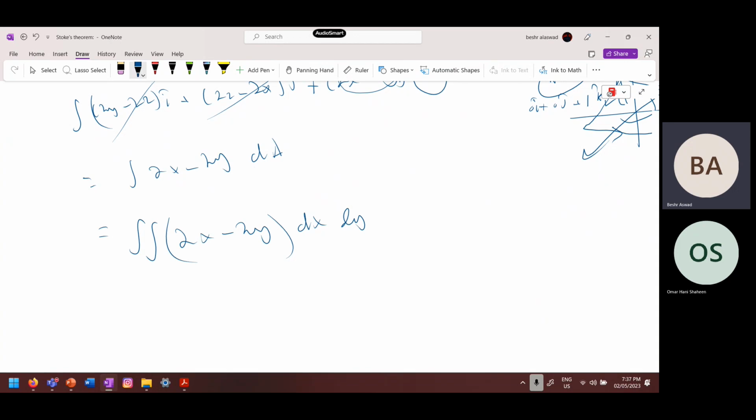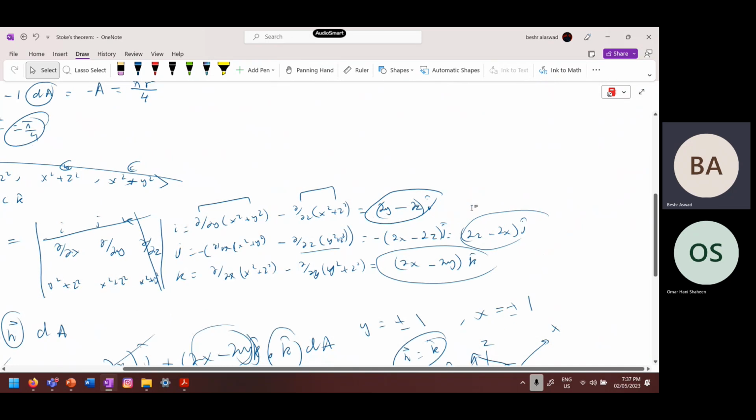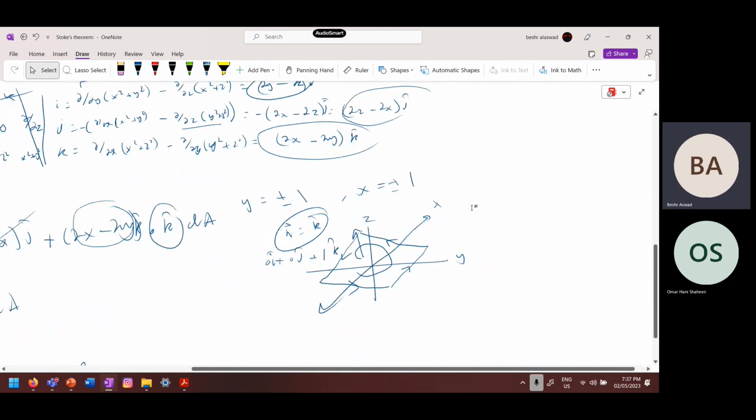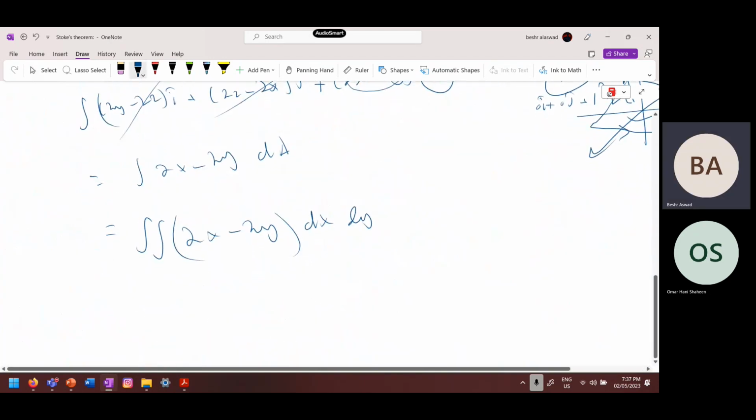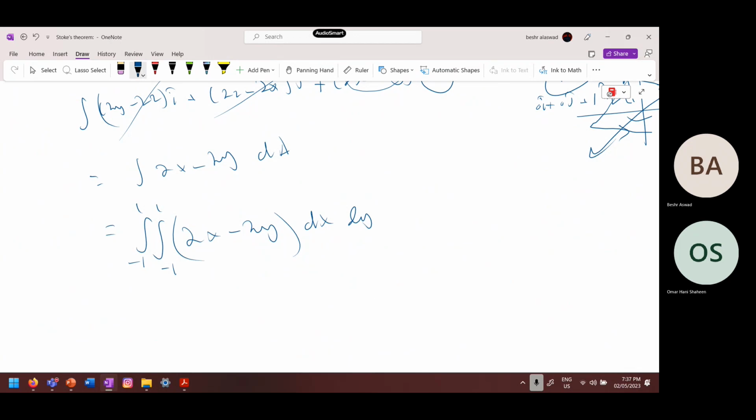And as for the intervals, we already have the intervals given from either the diagram or the question. So -1 to 1, -1 to 1. Both integrations have the same interval. So let's say that I want to start with the dx.